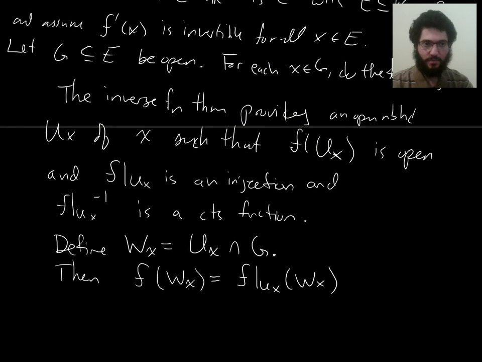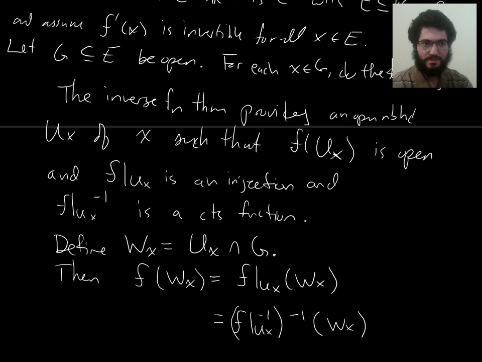And I want to look at this as the preimage of an open set under a known continuous function. So this is going to be the preimage of W sub x under the following known to be continuous function: f restricted to U sub x, inverse.